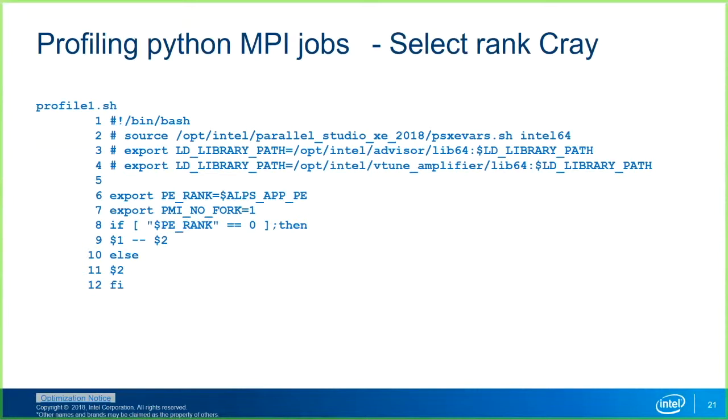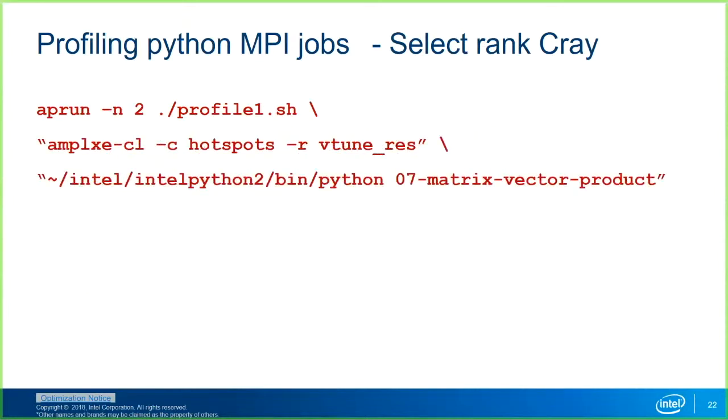An example here is I do aprun -n2, and I run this profile1 shell script, and then I just pass my amplxe-cl line along with my Python application. So one rank is going to be launched with VTune and one is going to be launched without.